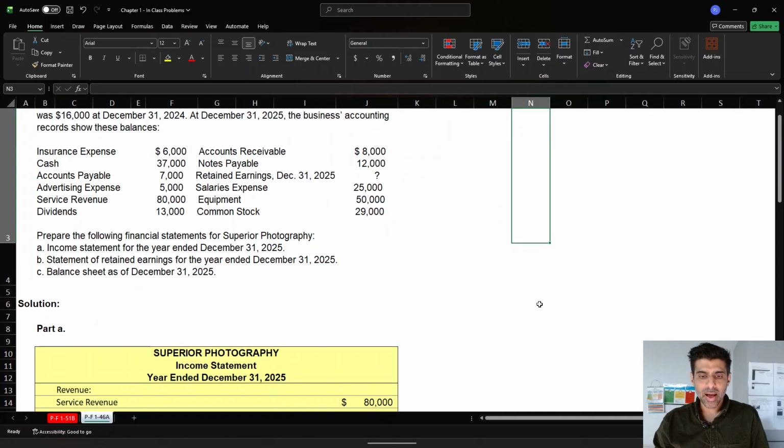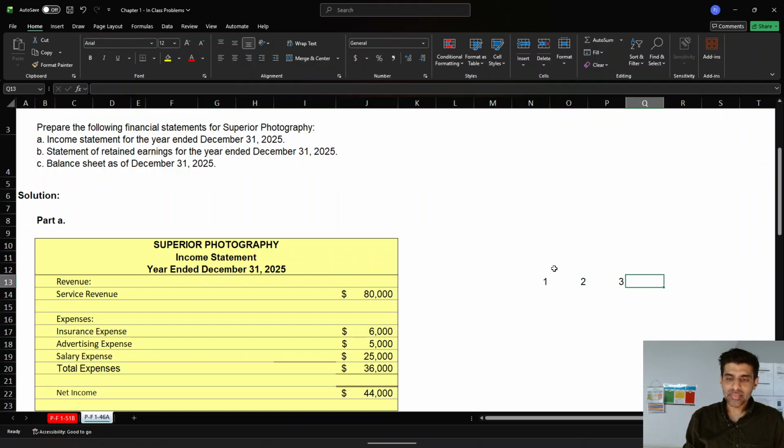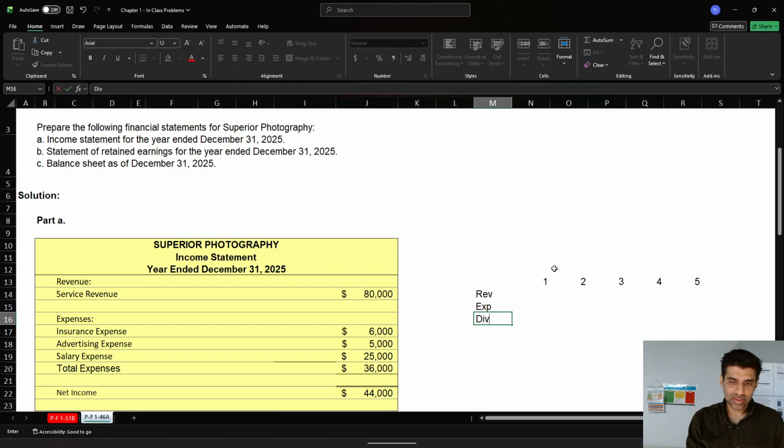Okay, so look, I understand there's some misunderstanding about this idea of retained earnings. Revenue, expense, dividend. I'm just going to make up some hypothetical numbers.